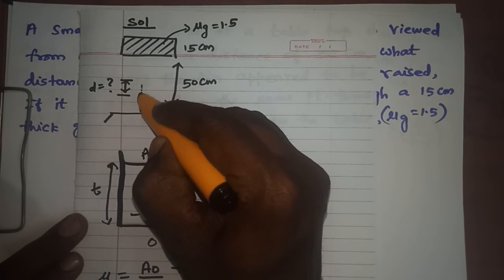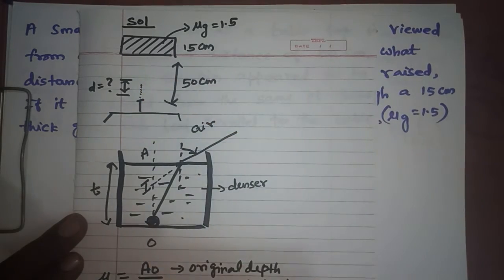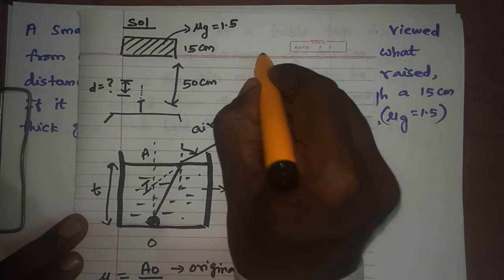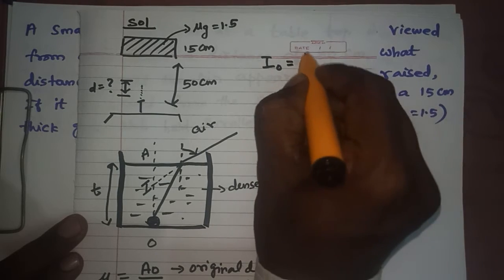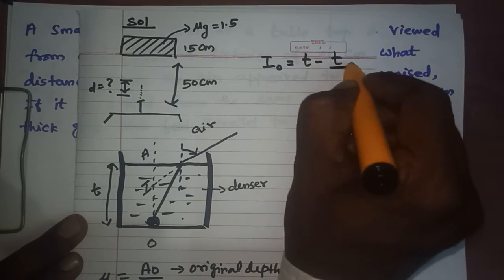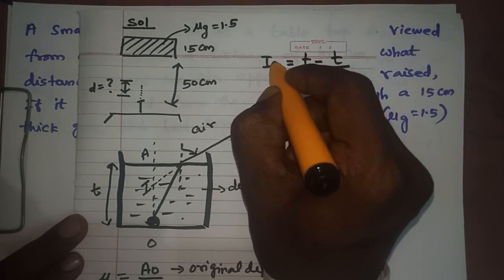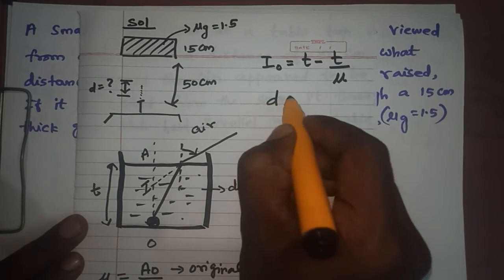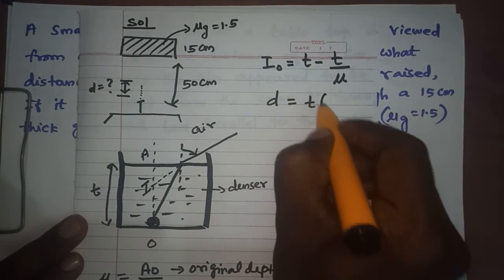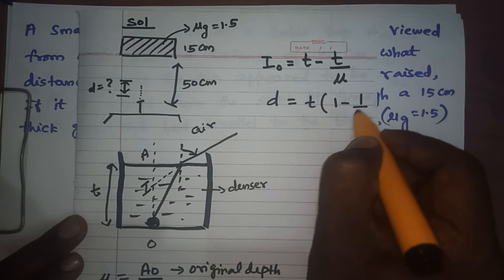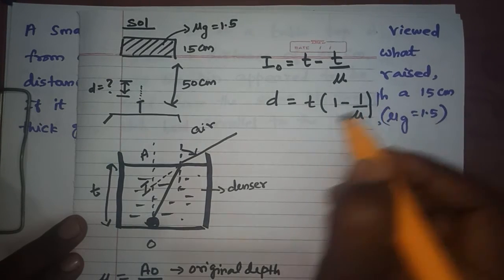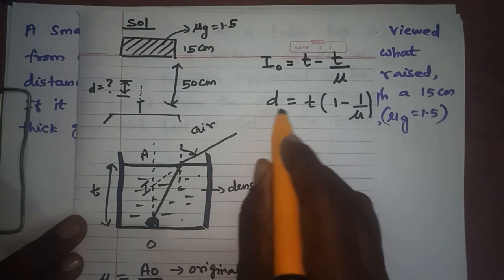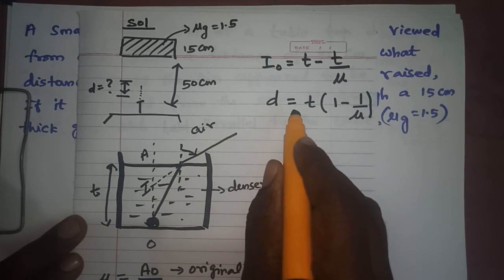To find this raised distance, I make use of this formula: I naught is equal to T minus T by mu. I can take this as D, which is equal to T into 1 minus 1 by mu. This is my formula to find the raised distance.